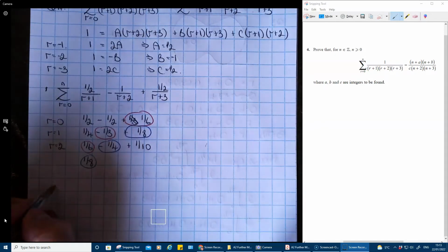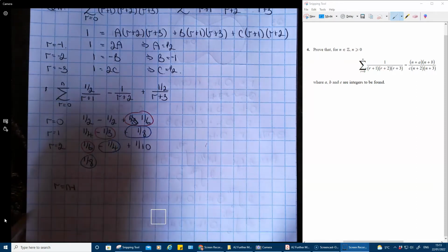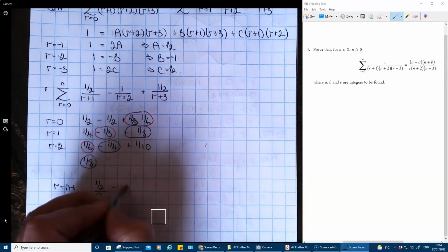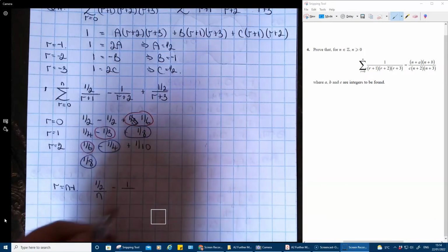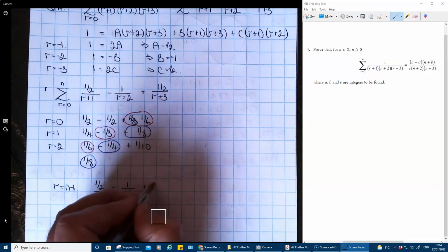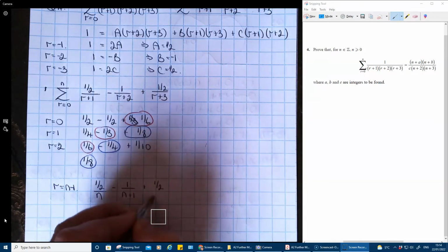So I've got to do r equals n minus 1, and I get half over n, take away 1 over n plus 1, plus a half over n plus 2.